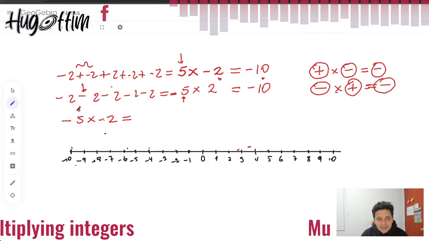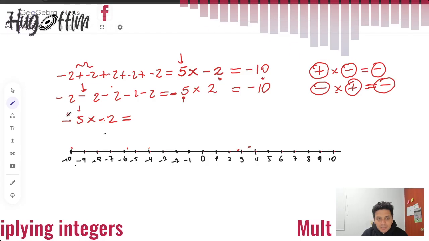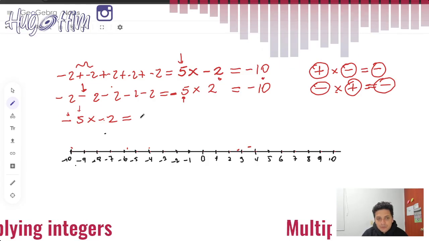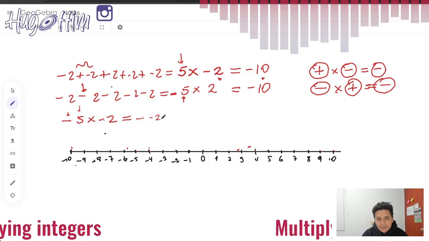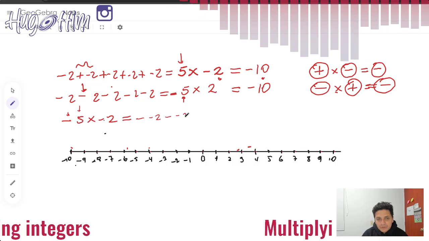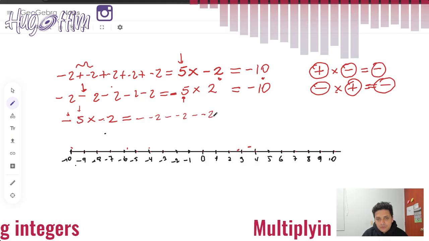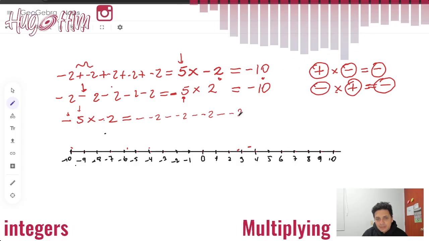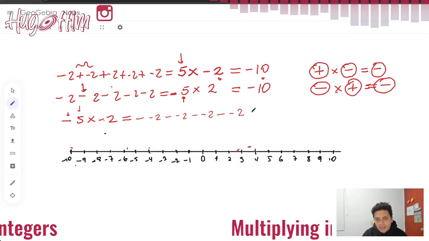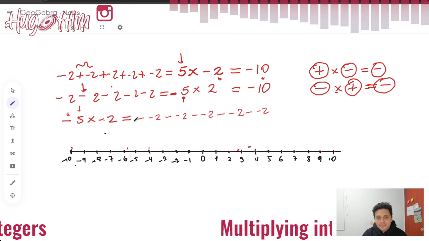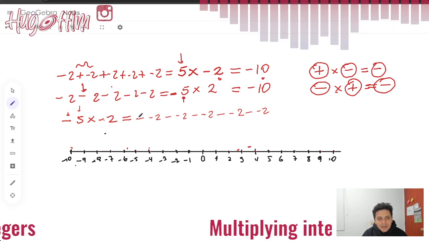Now, simple. If this is -5, it means that I have to subtract repeatedly 5 times -2. So I have to subtract -2, minus -2, minus -2, minus -2, and minus -2, 5 times. But what happened here?